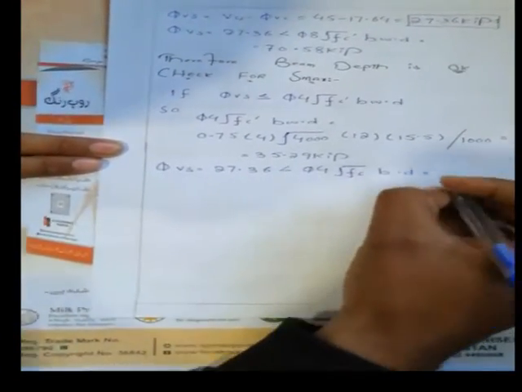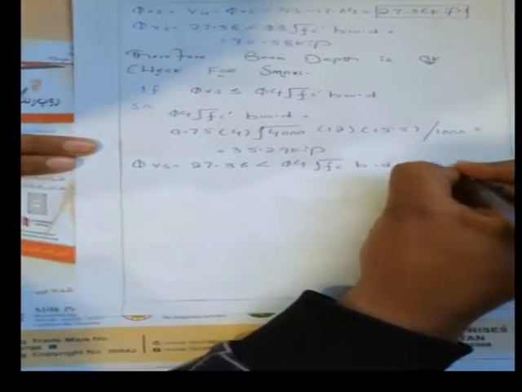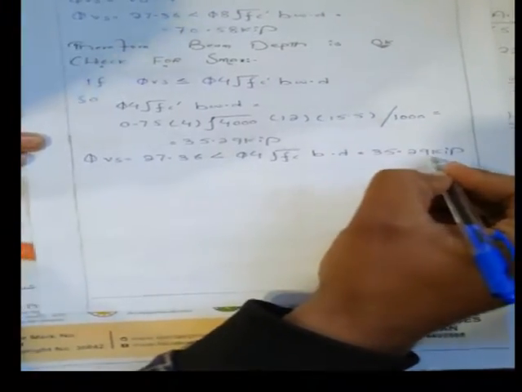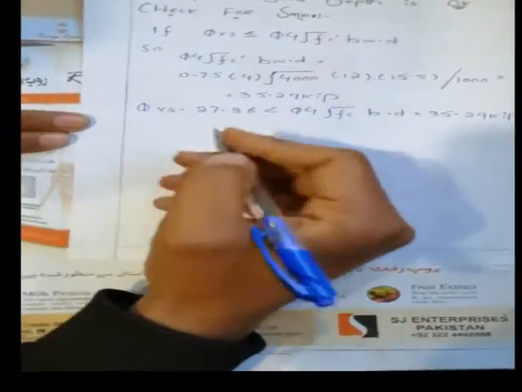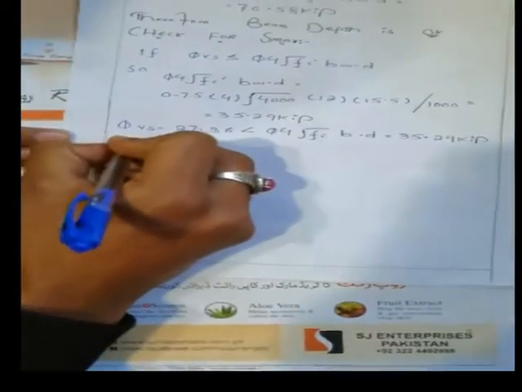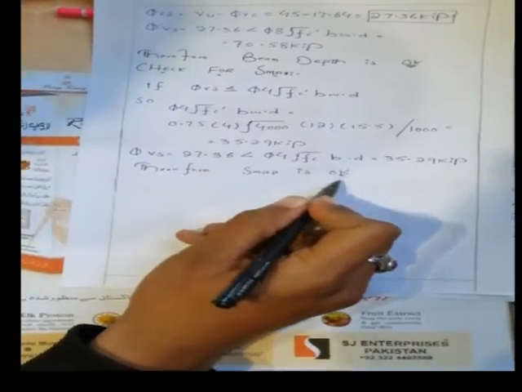So it means that phi Vs is less than phi 4 under the root fc prime bw d. Therefore, S maximum is okay.